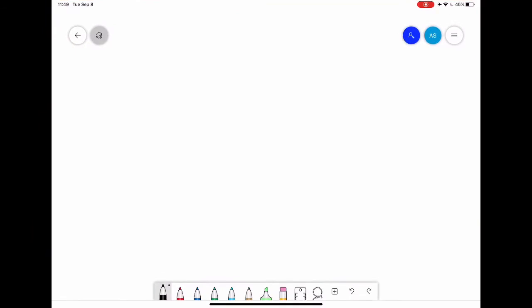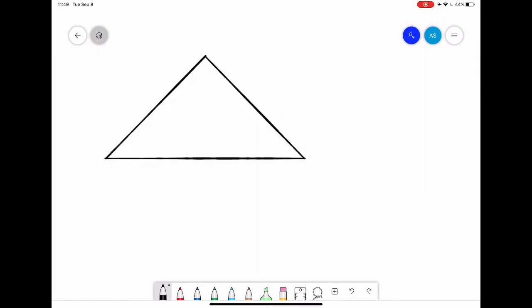Okay, so basically we have a right side plane and a left side plane. This angle is 37 degrees. That one is 53 degrees.